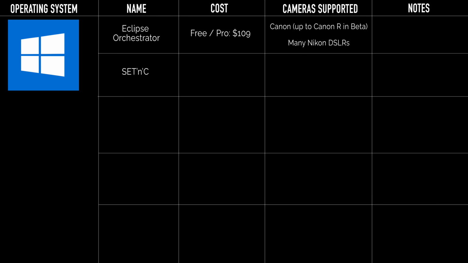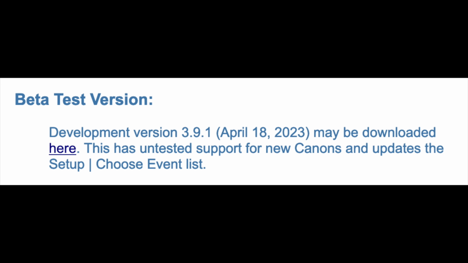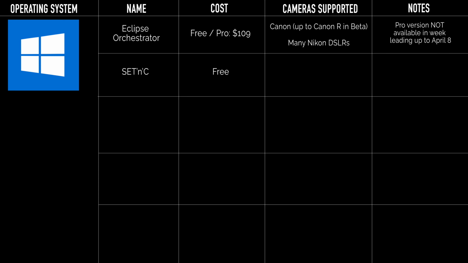Eclipse Orchestrator supports almost every Canon DSLR and many Nikon DSLRs. There is also a beta version that has more support for Canon mirrorless cameras. Set and See is another Windows option that is free, and it supports most Canon DSLR and mirrorless cameras. The newest Canon camera I saw specific mention of support for was the R7, which came out in 2022.